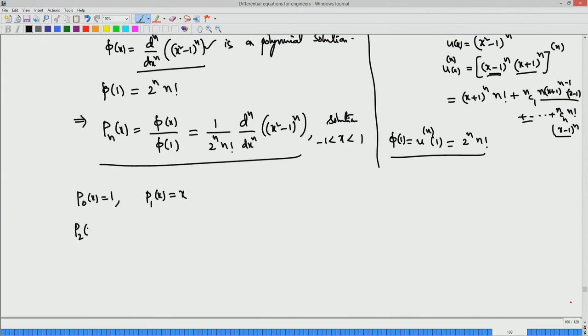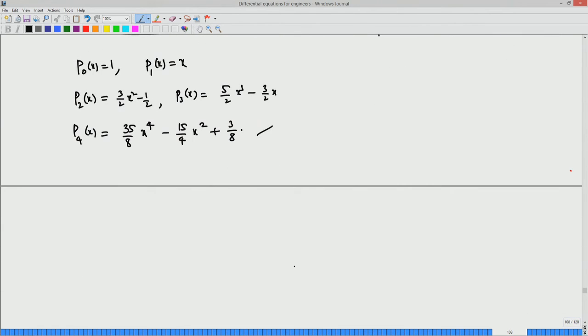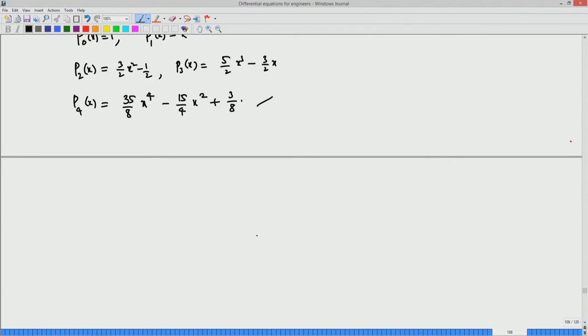From this formula you can easily see P2 of x is 3/2 x^2 minus 1/2, P3 of x equals 5/2 x^3 minus 3/2 x. P4, if you actually calculate, is 35/8 x^4 minus 15/4 x^2 plus 3/8. Like this you can get all your Legendre polynomial solutions. These are the solutions of the Legendre equation when alpha equals n.